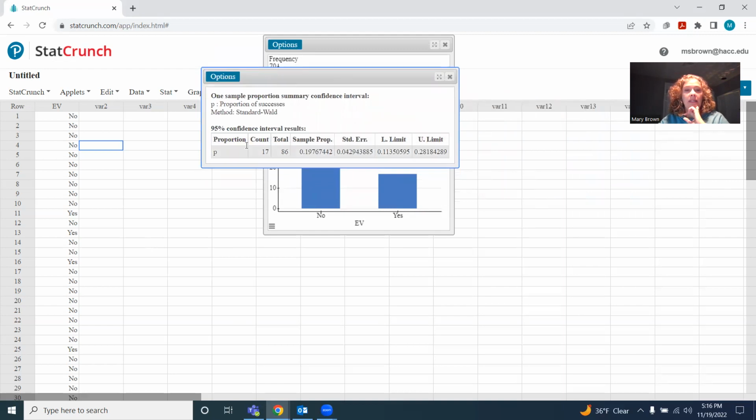Okay, and we can see the lower limit for the confidence interval is 0.11350595, so 11.4% if we round that to the nearest tenth of a percent, to an upper limit of 28.2%. So I am 95% confident that the true proportion of HAC students who have ridden in or driven an electric car is between 11.4% and 28.2%.